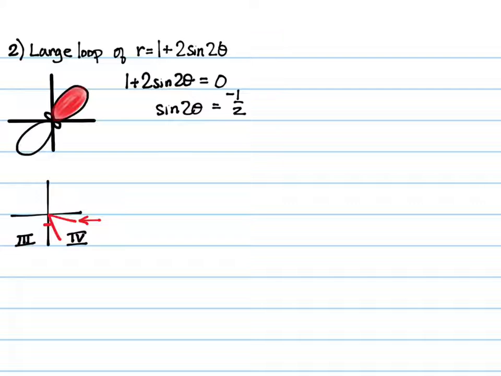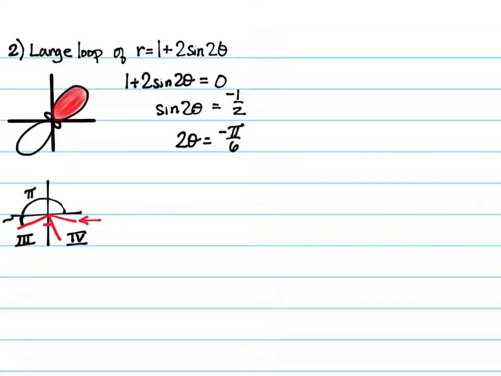And that actually is at negative pi sixths. So I want my angle measure, which is 2 theta, to start at negative pi sixth. And I need it to go all the way to the other sine value that's negative 1/2, which should be over here. So if this angle is pi sixth, then going all the way here would be another pi.